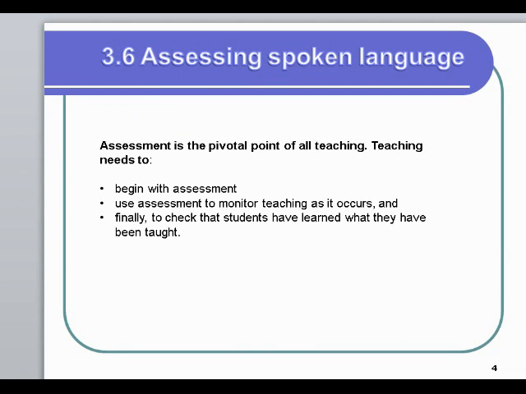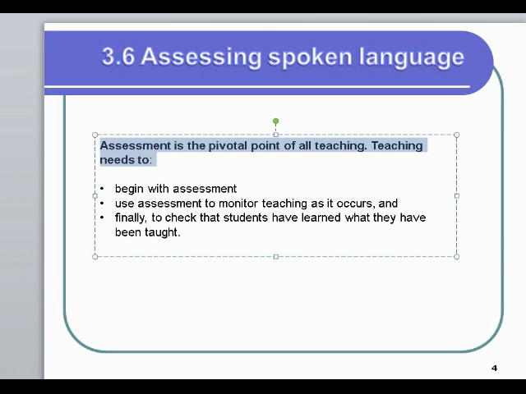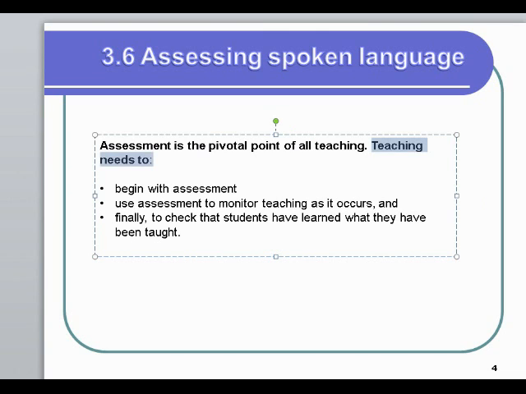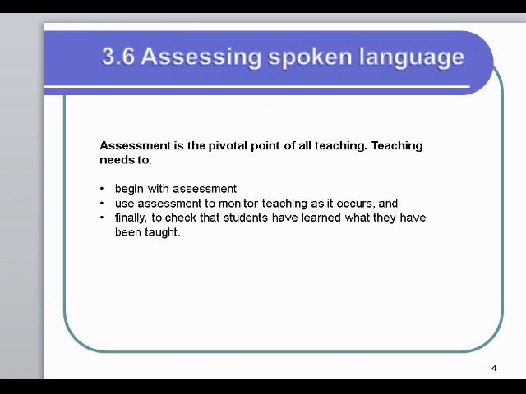Now, if you look at section 3.6 of that module, where it outlines for you some understanding about assessment, notice that it has a statement there. Assessment is the pivotal point of all teaching. Notice here too, teaching needs to begin with assessment. I have taken it from the module itself.